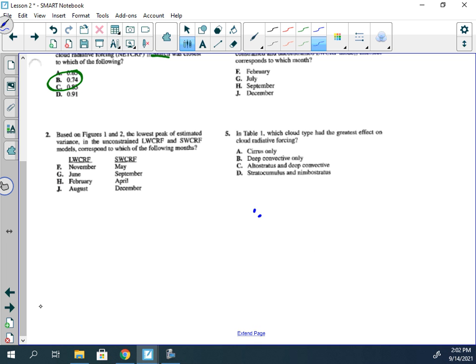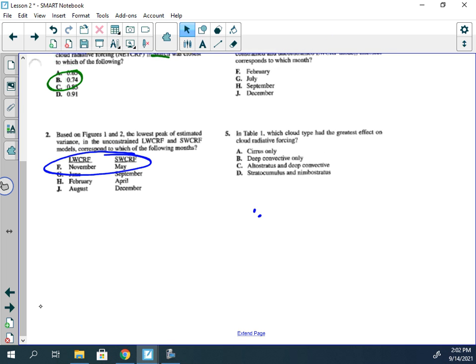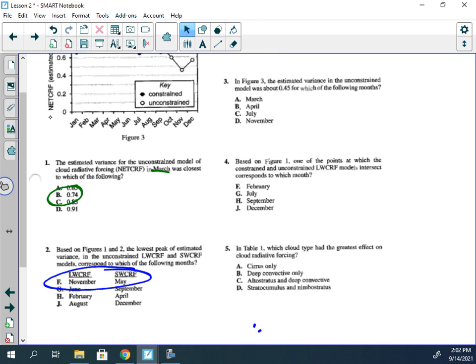Well, SWCRF, yes? Well, what are our answer choices? May, September, April, December. Only one with May. Because figure 1's a little bit harder to see which one it is, but it is November, and that is the correct answer. Any questions on 1 or 2?